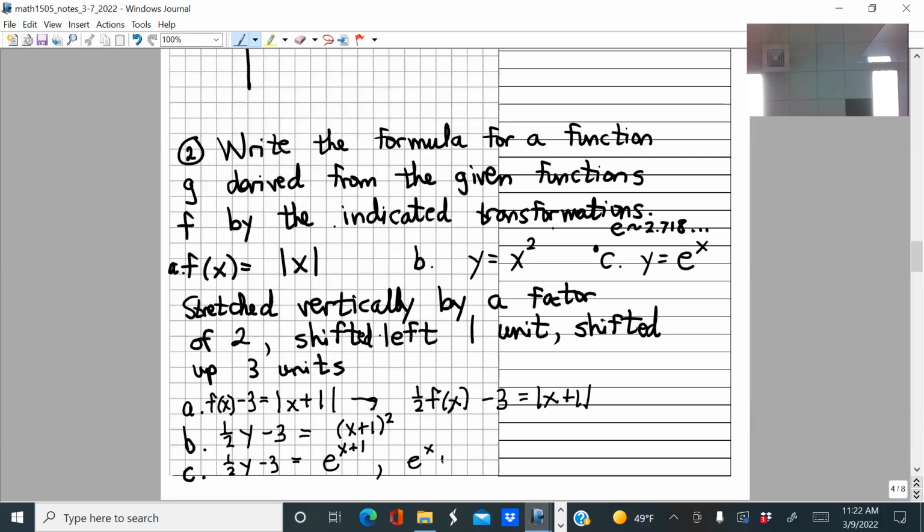Don't write it like this. Because if you write it like that, what have you really done? What sort of transformation have you done there? You moved it up or down. That's right. Okay. Really haven't moved it left or right. To move it left or right, you have to add the 1 directly to the x. Not down here, but directly to the x in the exponent. Okay.